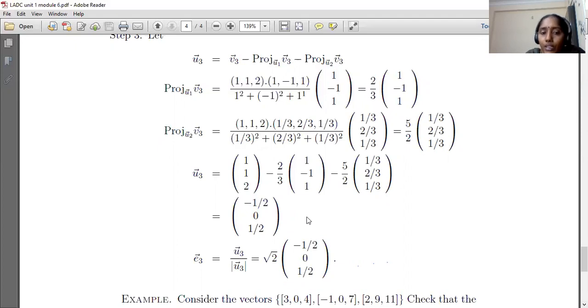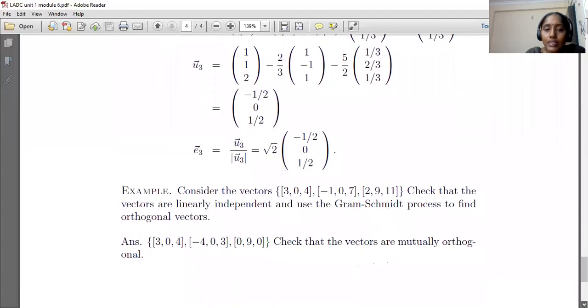After verification that U1 dot U2, U2 dot U3 and U3 dot U1 are equal to 0, you can find the orthonormalization of the vectors by dividing each vector by its length.